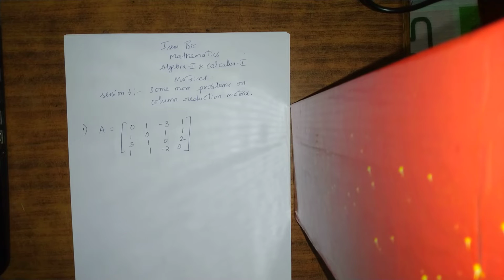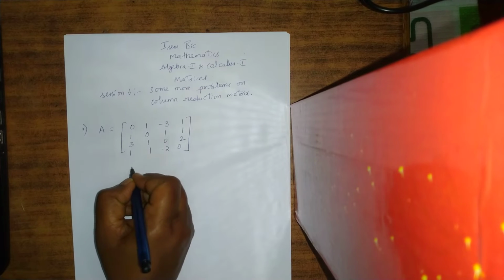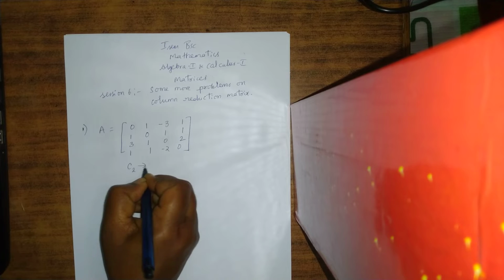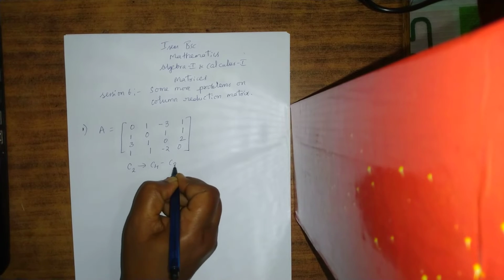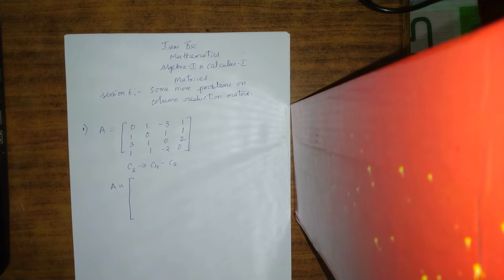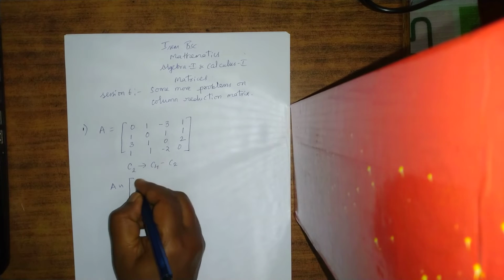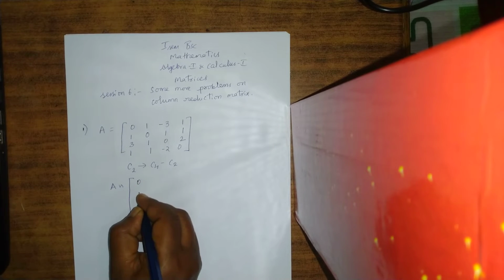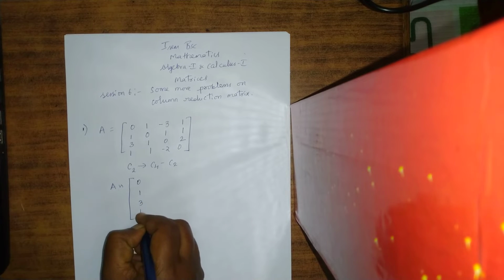Now the first step is to look at column 2 with respect to column 4 and try to subtract and see the outcome. So column 2 will be C4 minus C2. What are we going to get? The first column remains 0, 1, 3, 1.